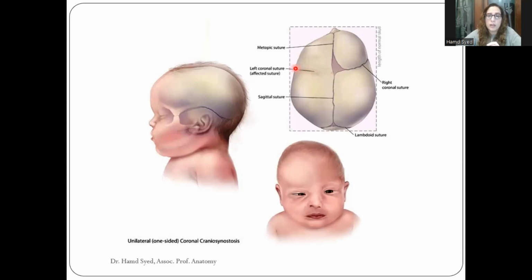We can see on the left side, there has been early closure of the coronal suture. And this has produced the flattening of the skull over here on the left side, which is evident as you can see the shape of the head of the baby from the anterior aspect. You can see that here is the one-sided or asymmetrical flattening of the skull. So this condition is known as plagiocephaly.